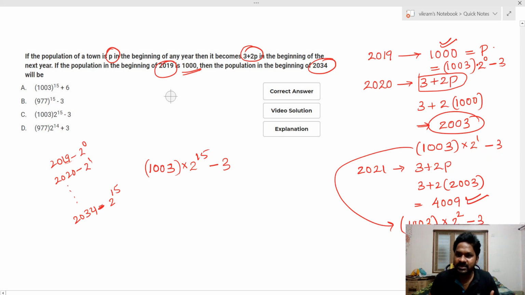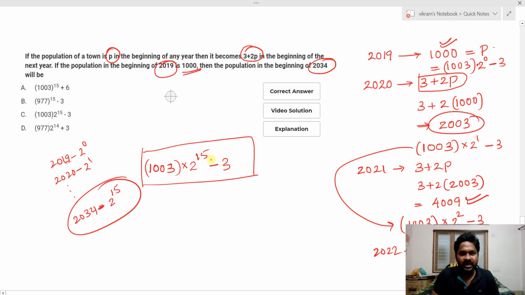For the next year it is 1003 into 2 squared minus 3, then 1003 into 2 cubed. For 2022 the population will be 1003 into 2 cubed minus 3. For 2023 it will be 1003 into 2 power 4 minus 3, and so on. For 2034 we get 1003 into 2 power 15 minus 3. Then option C is the correct one.